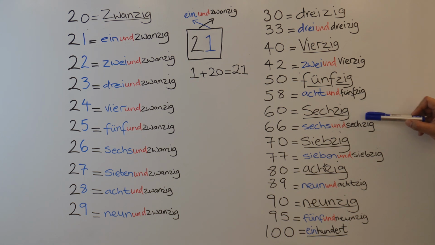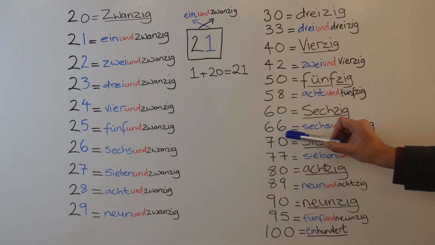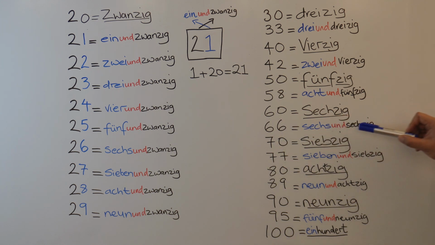For 61 you say 61, 62, 63, 64, 65 and then you come to 66. 6 und 60.